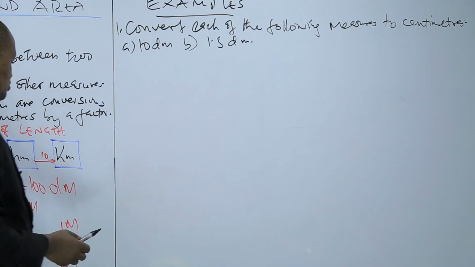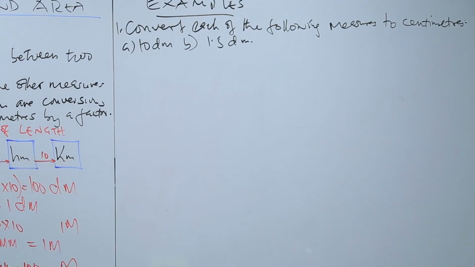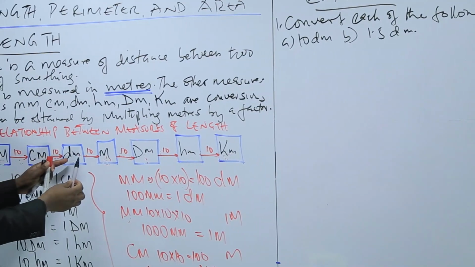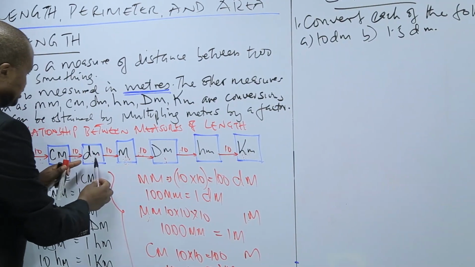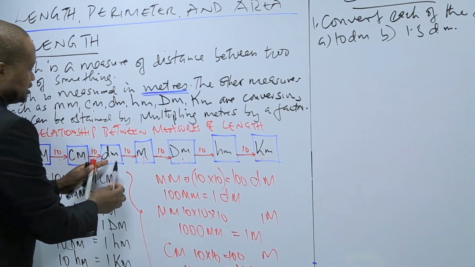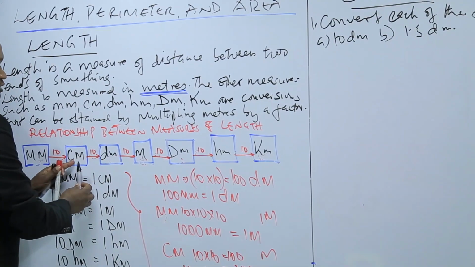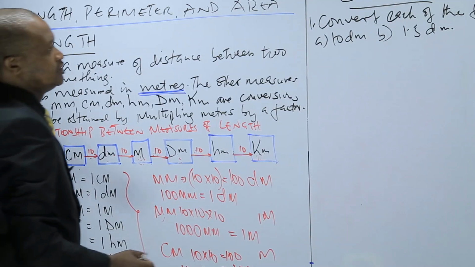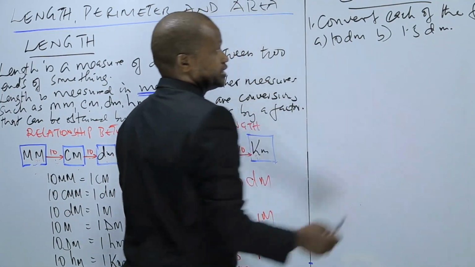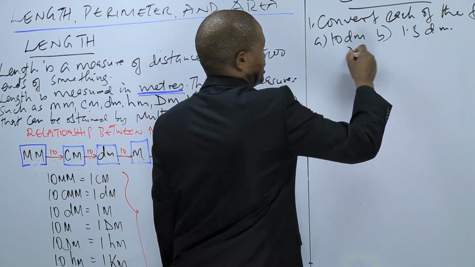So we come to our table again. Decimeters to centimeters. All right? So we have 10 decimeters to convert. Let me write here answer.